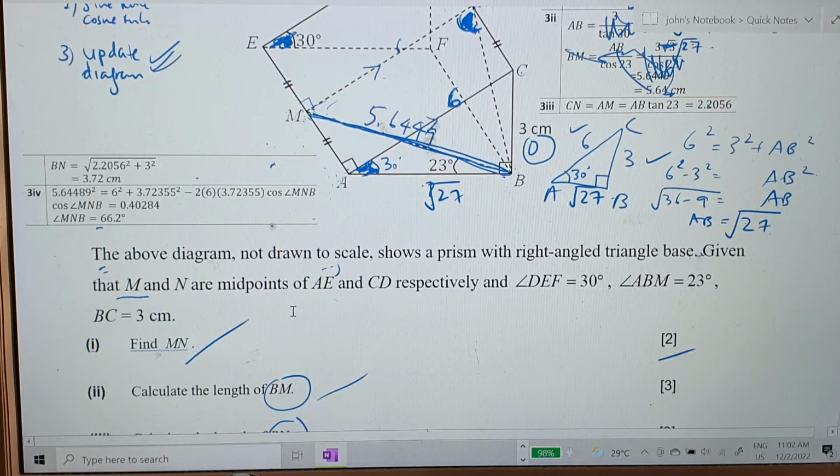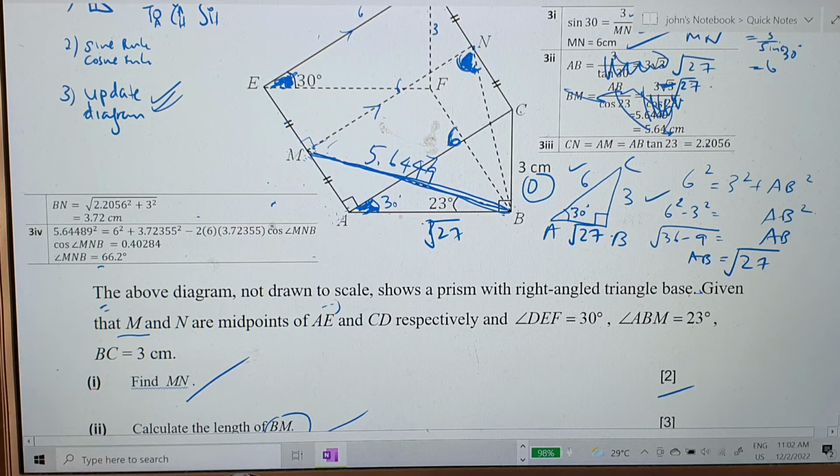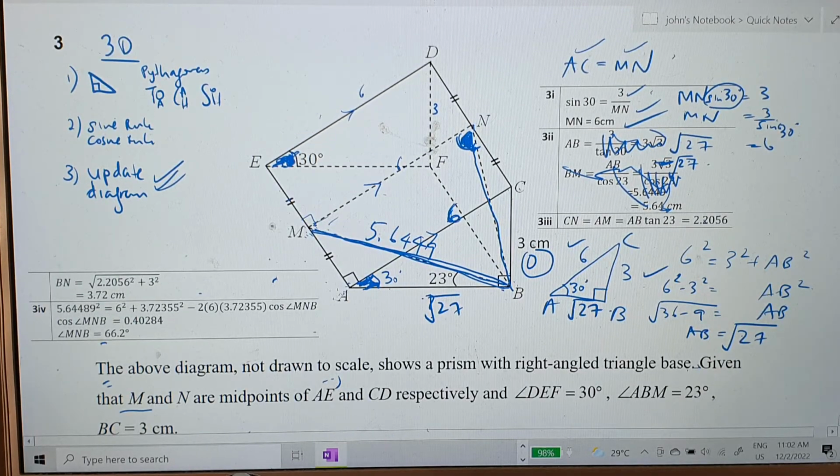How to find BN? BN is here. This other blue line. So this BN, you just take a look at it. This line, okay? Now, can you see that BN is equals to this here?